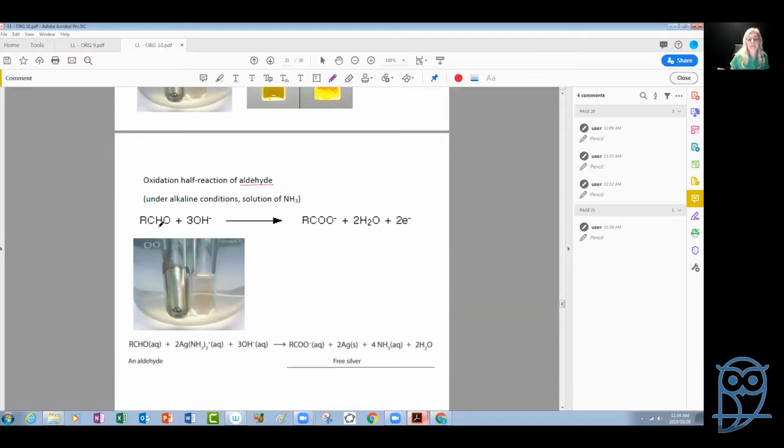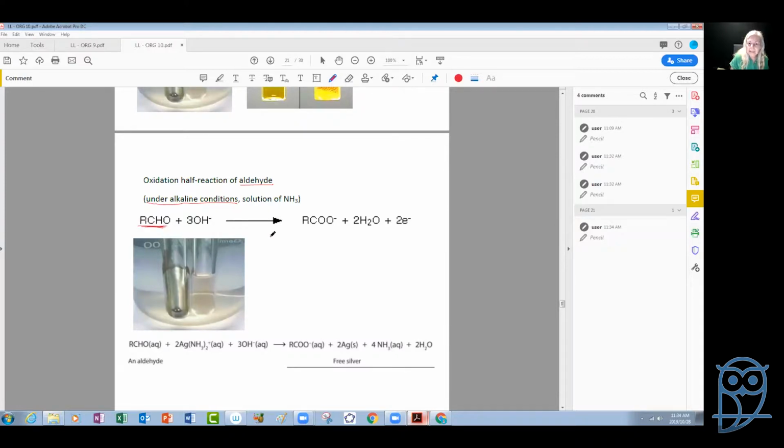Here is what will happen under alkaline conditions, and this is important. In our case, these are alkaline conditions because they're talking about the excess of ammonia solution. Well, usually, this is what they mention in the book. And in this case, we see here, this is an aldehyde.